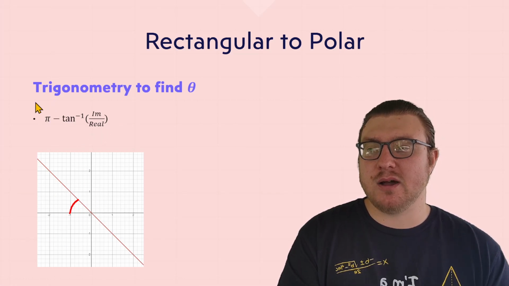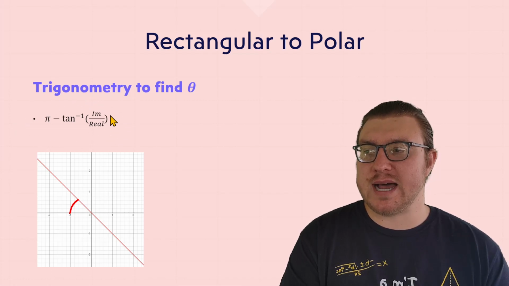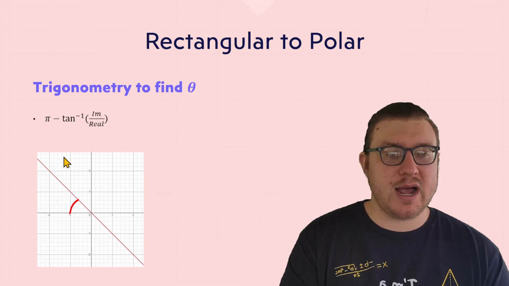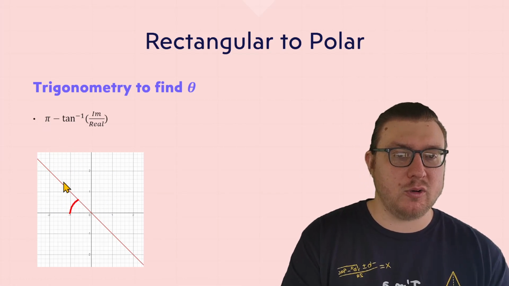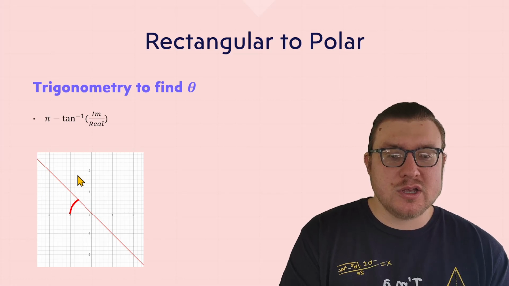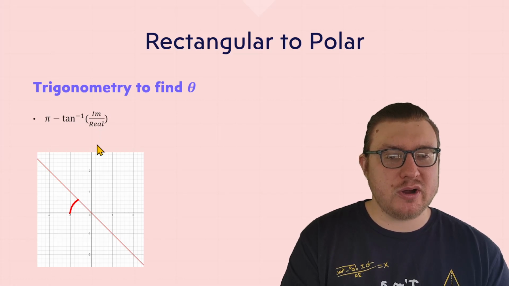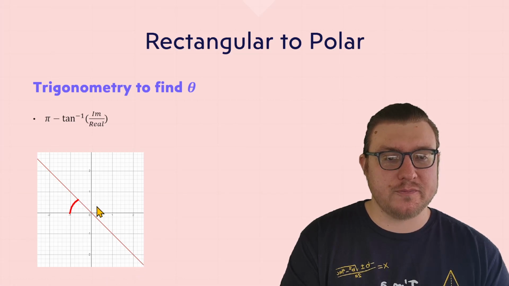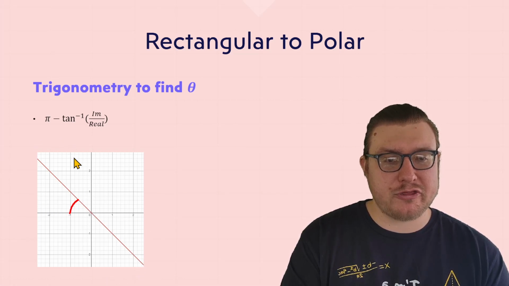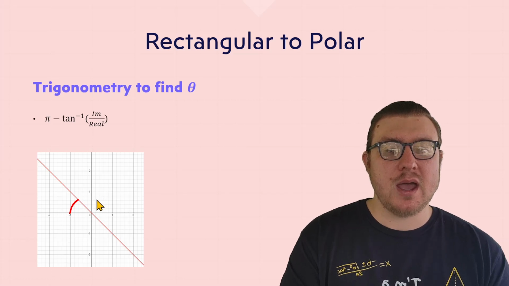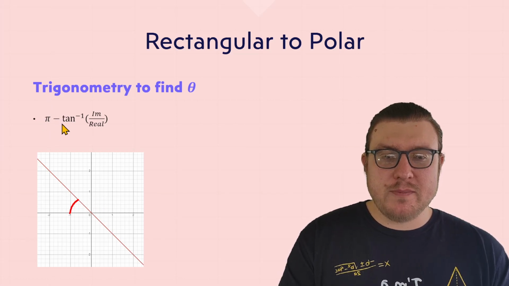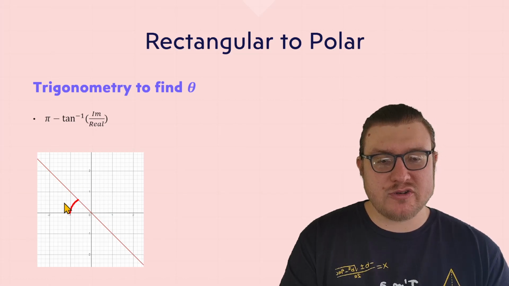This formula here will give you the answer for finding the angle if we are in this quadrant at all times. So your formula, tan inverse of imaginary over real, will work for quadrant 1 and quadrant 2. It will fail for quadrant 3 and quadrant 4. But all we need to remember is that the difference is 180 degrees.